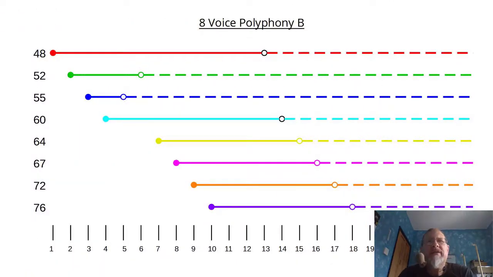Okay, so let's consider a slightly more complex case. Again here we've got 8 notes and 8 voices, so no voice is going to be stolen to play another note.